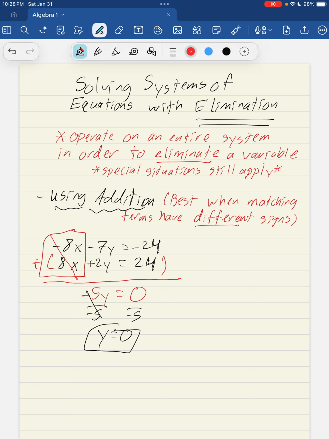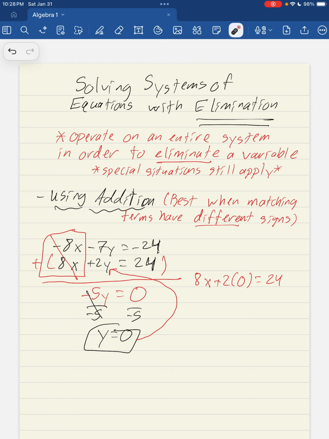So I take my 0, and I substitute it into the y right there. So I get 8x plus 2 times my y, which is 0, equals 24. And you see how we substituted the 0 in place of that y? Now we just solve this for our x.